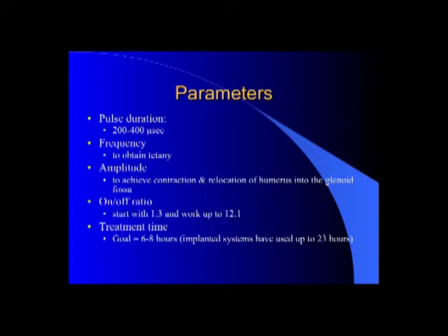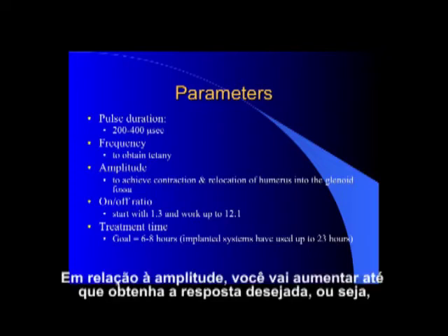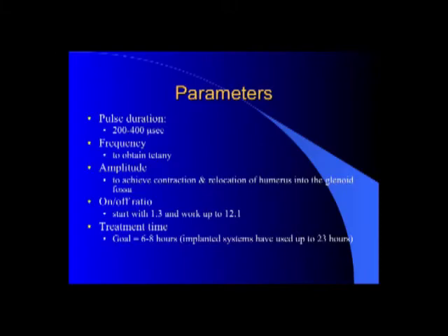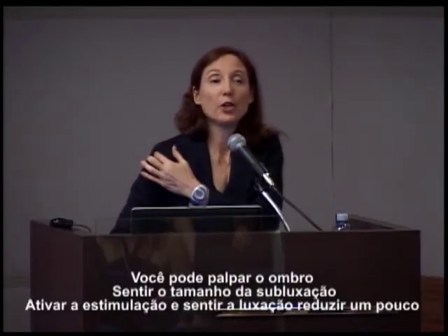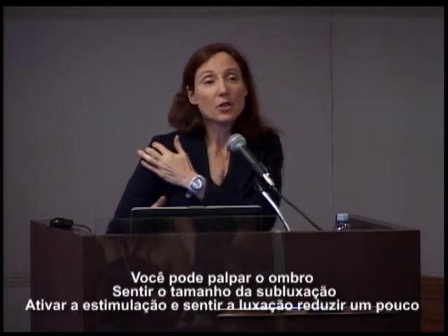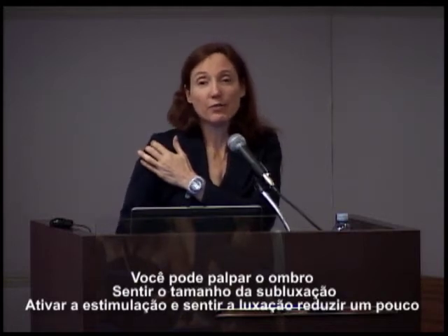And with the amplitude for this one, you're just going to turn it up until you get the response you want, which is that you see a reduction in that subluxation. So you can palpate the shoulder, feel how big that subluxation is, turn up the stimulation till you feel that reduce a little bit.